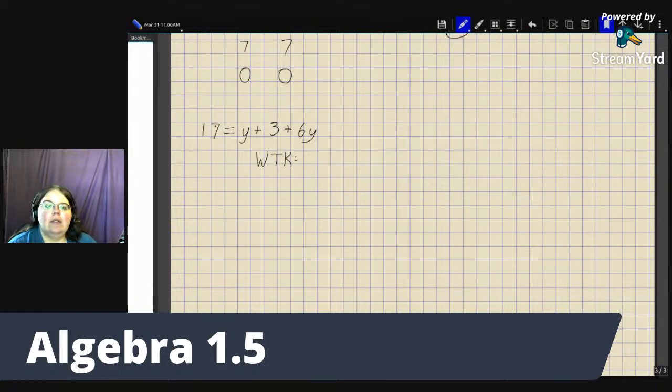So I hope you took a minute and thought that over. If we want to know the solution to this equation, that means we want to know that y equals some particular number so that y plus 3 plus 6y comes out to 17.